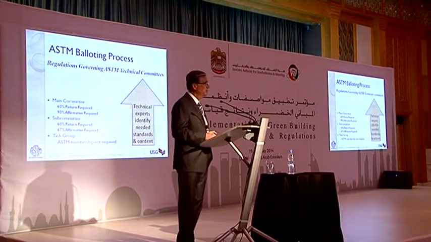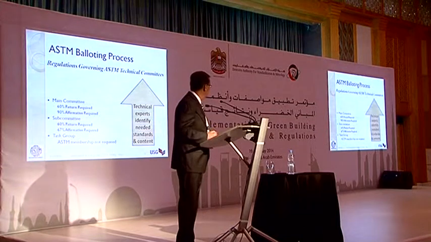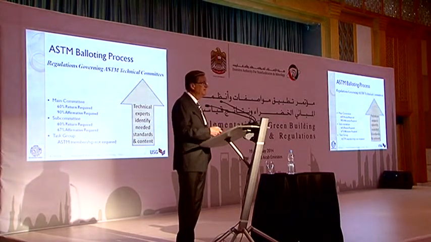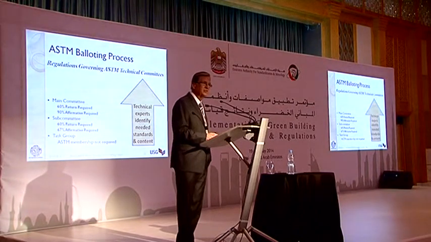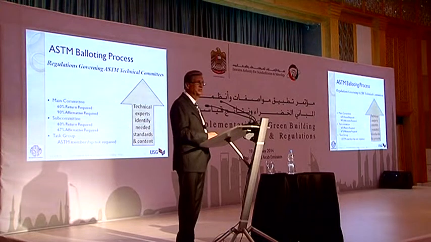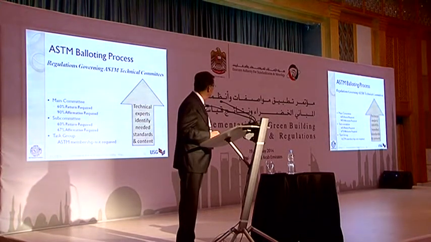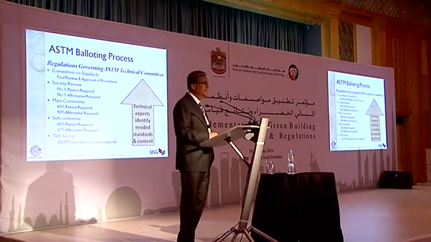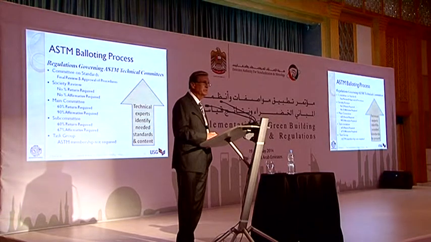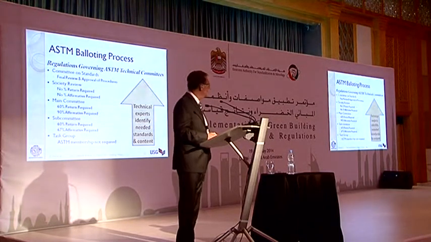Once they have produced their draft document, this has to go through subcommittee balloting and then main committee balloting. And if it fails to pass at either of those levels, then it goes back to the task group to resolve whatever issues were raised in the balloting process. Once main committee approval has been achieved, then the draft goes through society review where any ASTM member has an opportunity to comment on the standard.